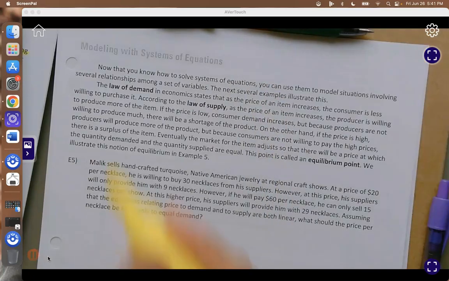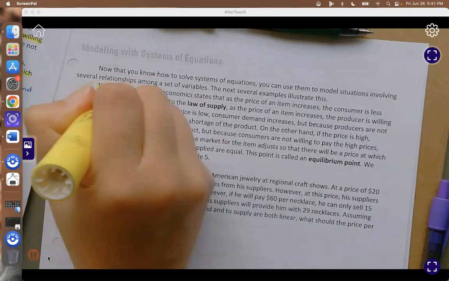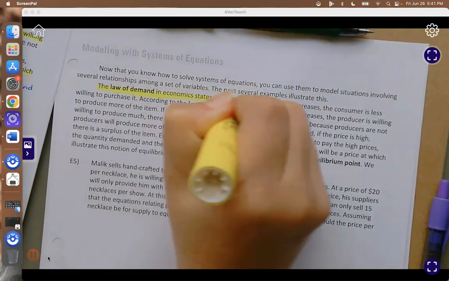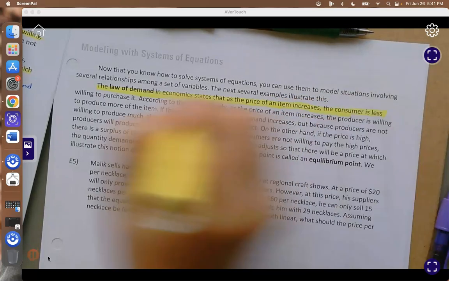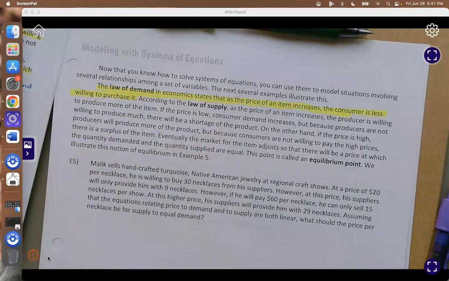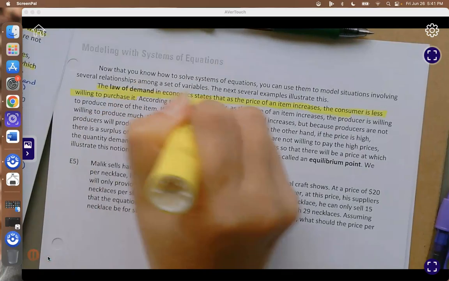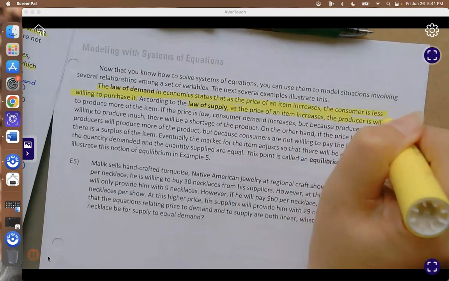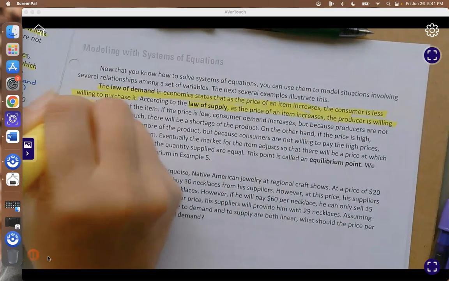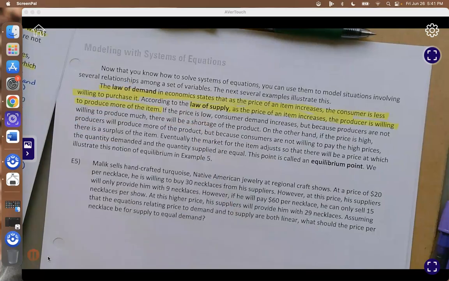Okay, so the law of demand in economics states that as the price of an item increases, the consumer is less willing to purchase it. According to the law of supply, as the price of an item increases, the producer is willing to produce more of the item.